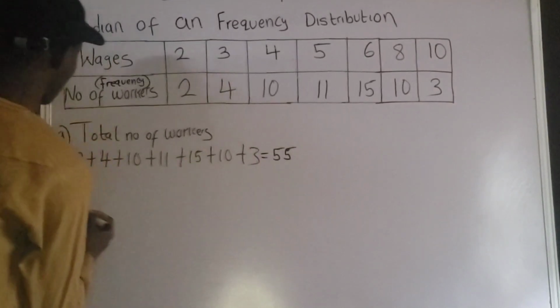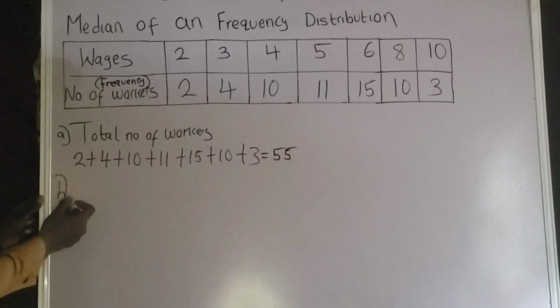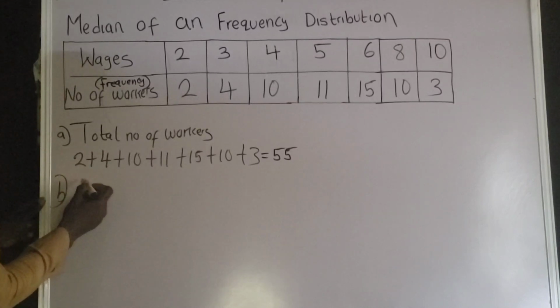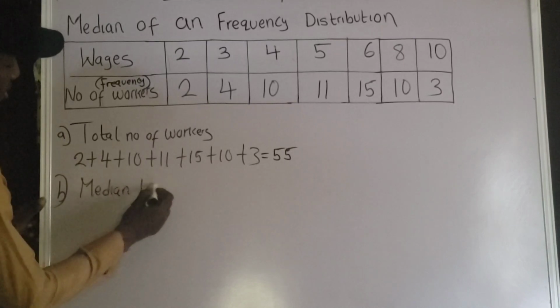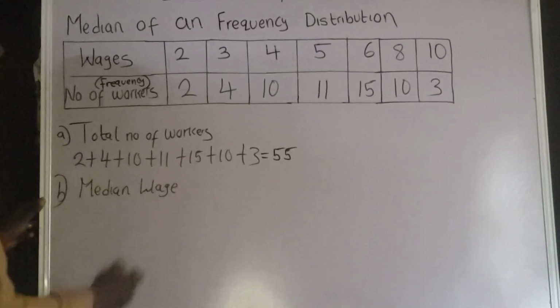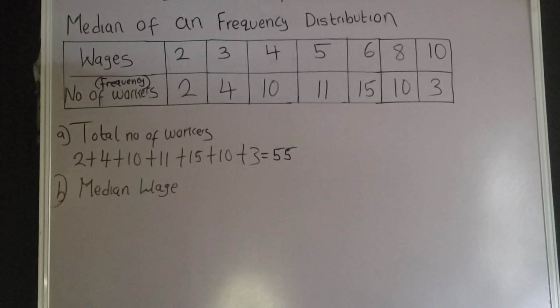Now let us proceed to question B. We are told to find the median wage. Don't forget, I told you that in order to get the median of a frequency distribution table, we first need to get the position of the median class.